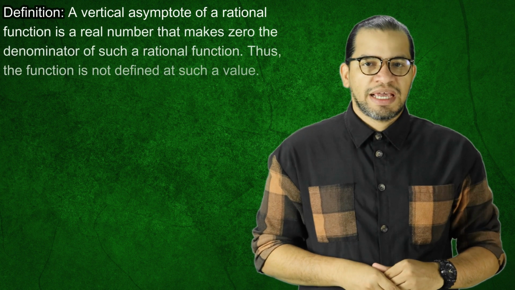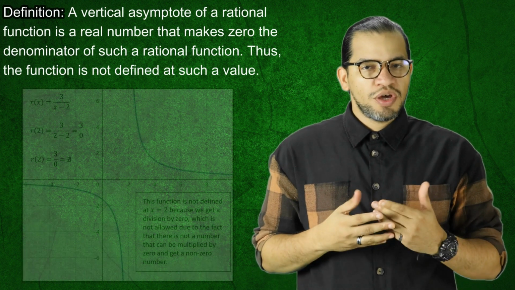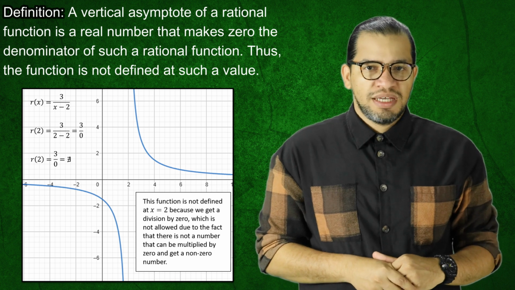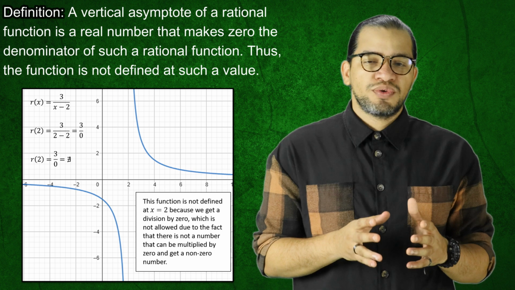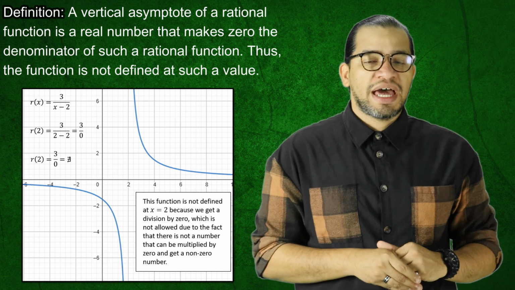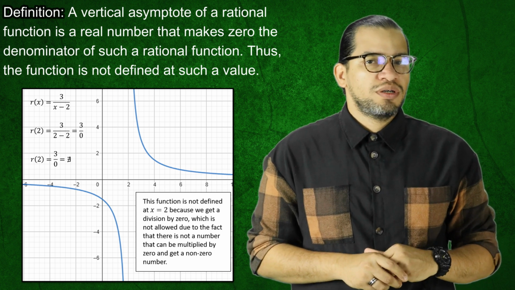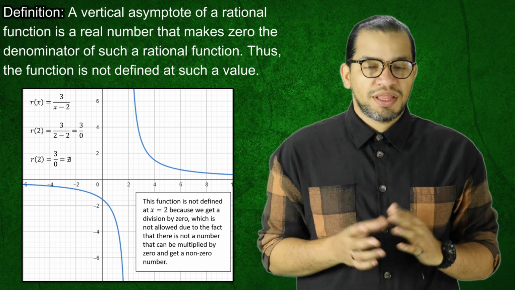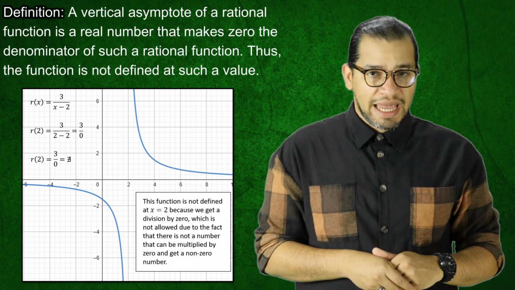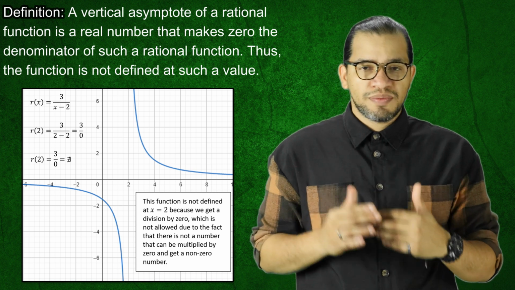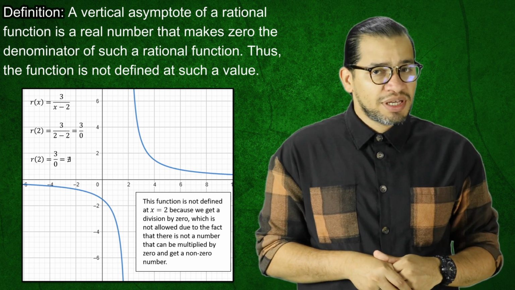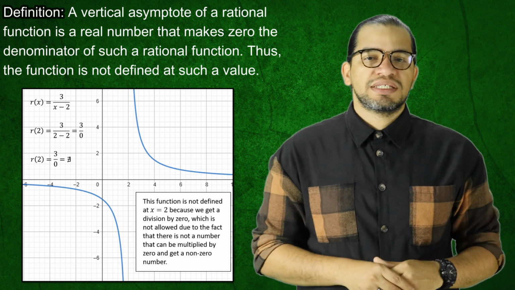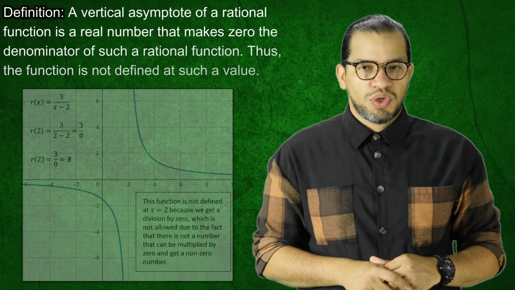Let us consider a rational function r of x equal to p of x divided by q of x, and let us suppose that a represents a zero for the denominator of that expression, but not for the numerator. Then r of a equal to p of a divided by q of a will not be defined, and graphically it will represent a vertical asymptote.